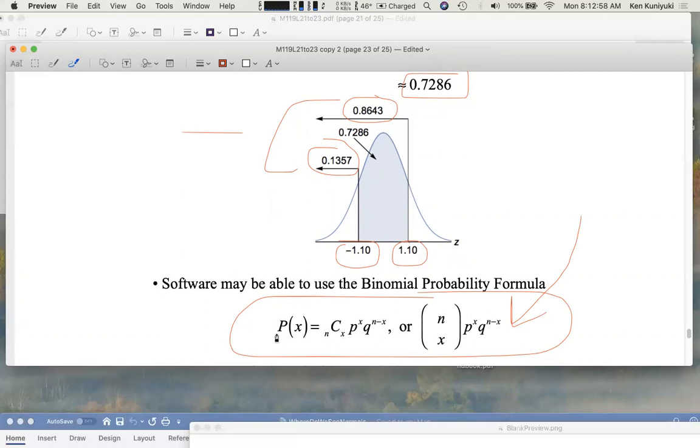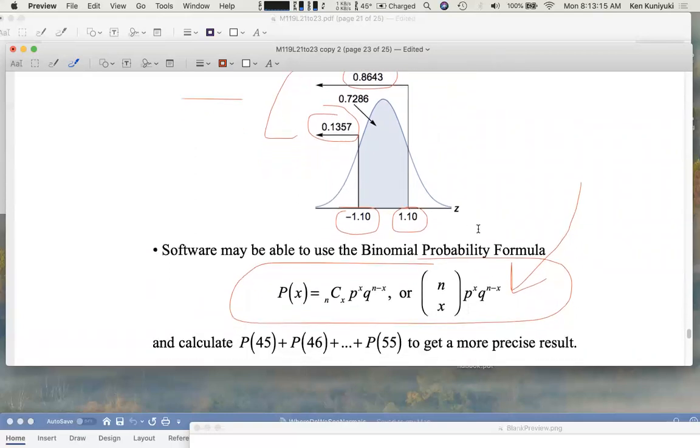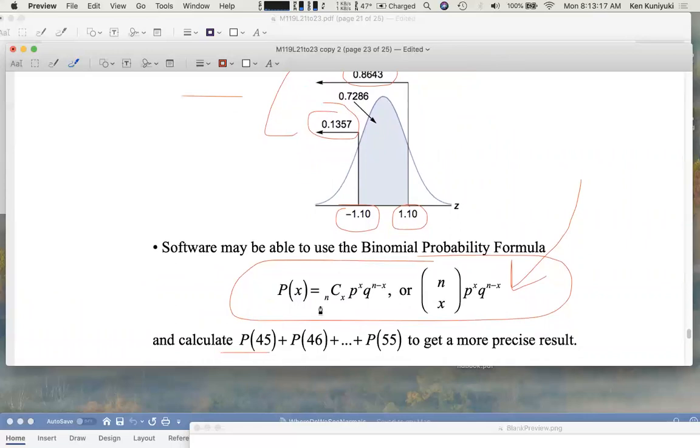But this was the probability of getting X successes out of N trials. Well, Excel can apply this formula. So what can Excel do? Excel can work out the probability of getting 45 heads using this formula, the probability of 46 heads, and so on, up to and including the probability of 55 heads.